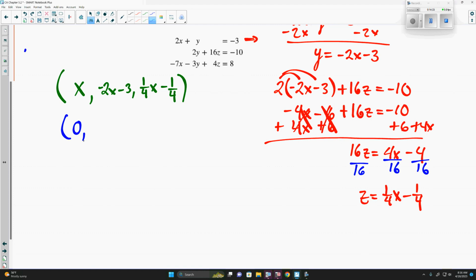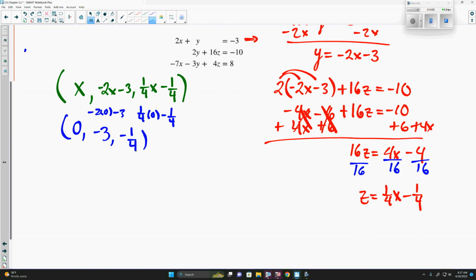And the middle one we would do -2 times 0 minus 3. Well, that's just going to be -3. And lastly, we'd have 1/4 times 0 minus 1/4, which is just going to be -1/4. And this here is actually a solution that will work for all three.